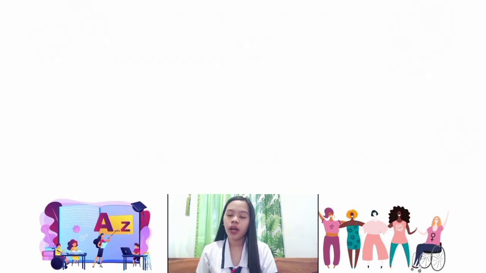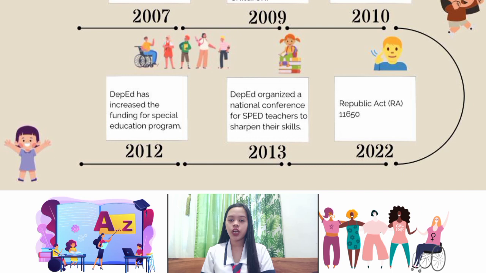In 2012, the Department of Education increased the funding for its special education program and is set to open new centers. In 2013, DepEd organized a national conference for SPED teachers to sharpen their skills.